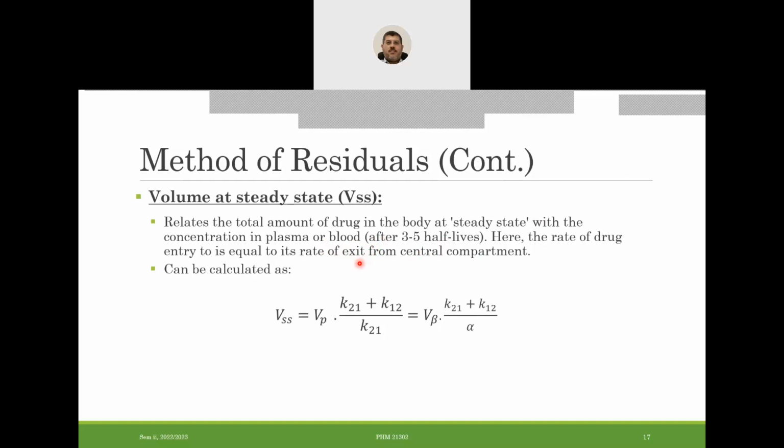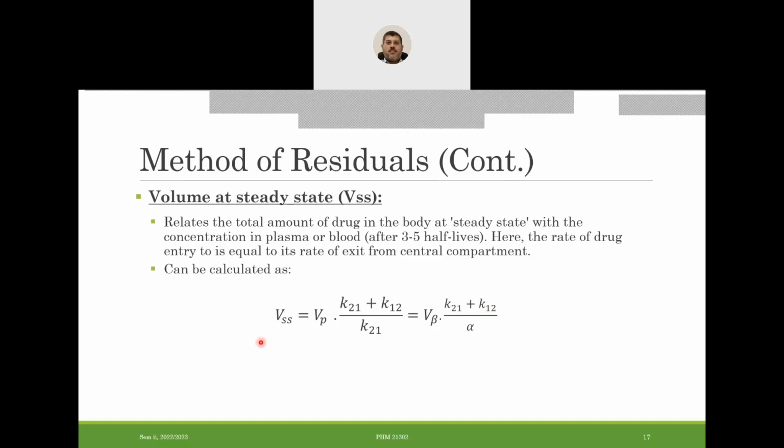This is after repeated administration. We take the drug several times for a period of 3 to 5 half-lives, and then the drug's concentration will almost be fixed. So in this case, there is no decrease in the concentration because the rate of administration equals the rate of elimination.